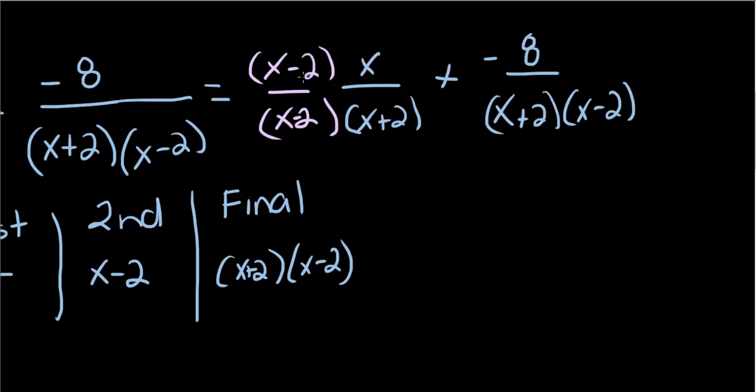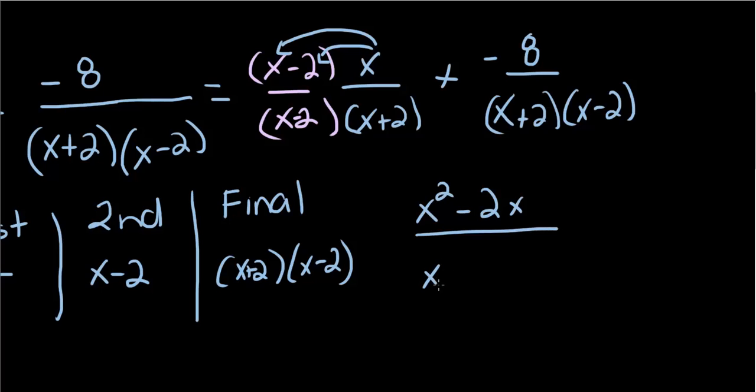Now we're going to distribute the x here. So it's going to be x squared minus 2x. I'm multiplying this times this and this times this, over x plus 2 times x minus 2, and then minus 8. I'm just going to write it like this.